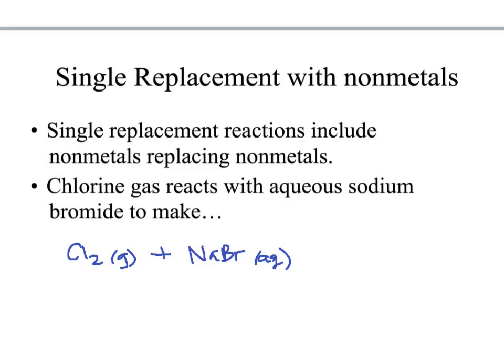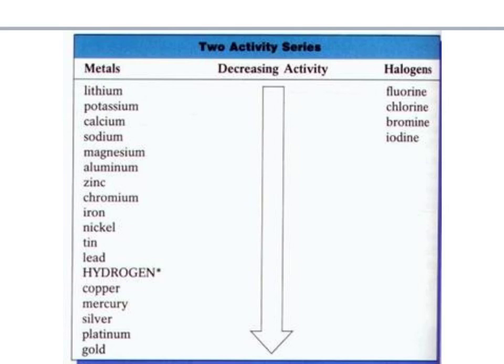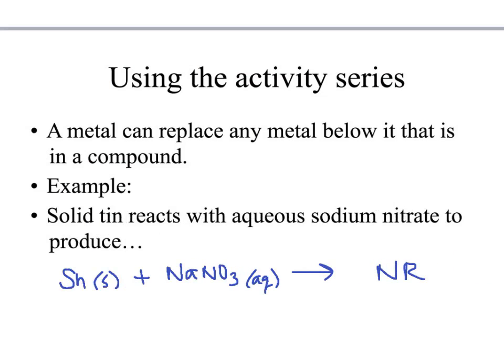Again, we want to look at the activity series, and here we're going to look on this side. We have chlorine and we have bromine. Chlorine is more active than bromine, so it can replace the bromine.